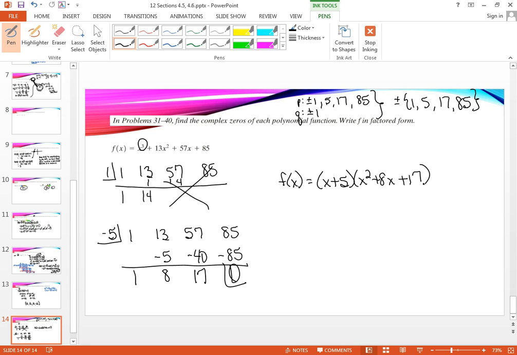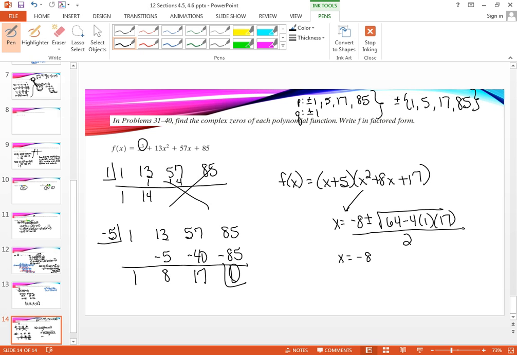Okay. Now, again, for that quadratic factor, completing the square or the quadratic formula. I'm not thinking there's much I can do with 17 that's going to work here, so I'm going to go after the quadratic formula on the quadratic. So negative 8 plus or minus the square root of b squared minus 4 times a times c, all over 2a.